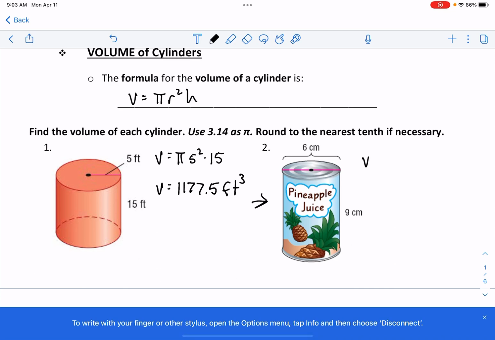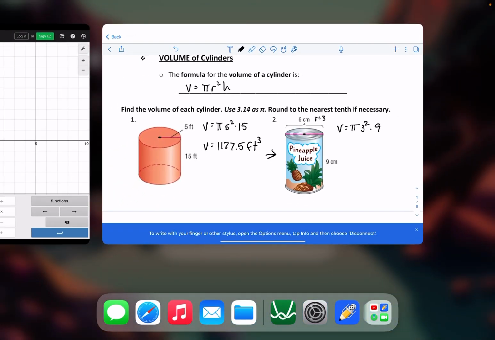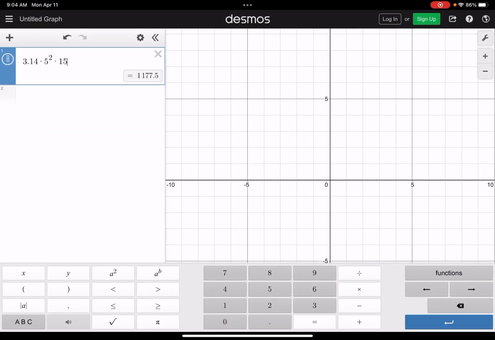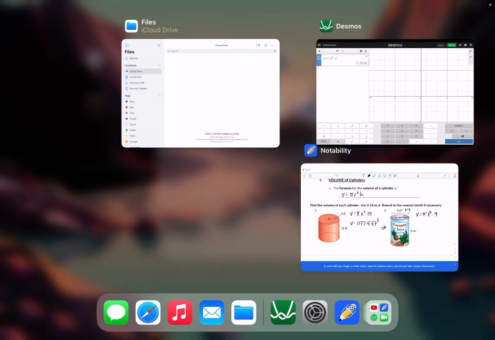So once again, we've got volume equals pi times, see our diameter here is 6, so that makes our radius equal to 3, because radius is half the diameter. So 3 squared times 9. So heading back to the calculator, we've got pi times 3 squared times 9. Just double check that.